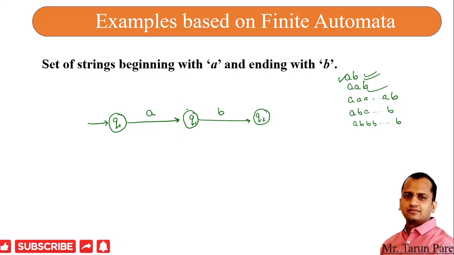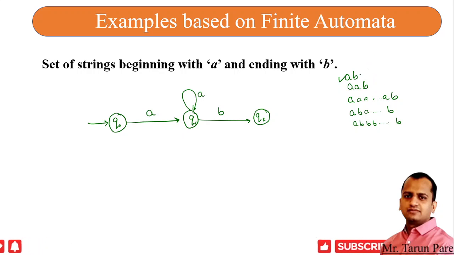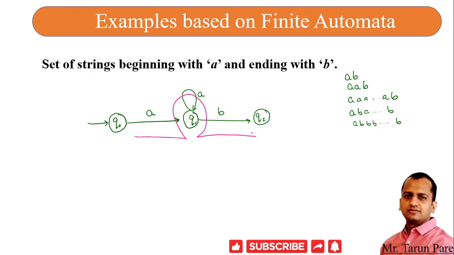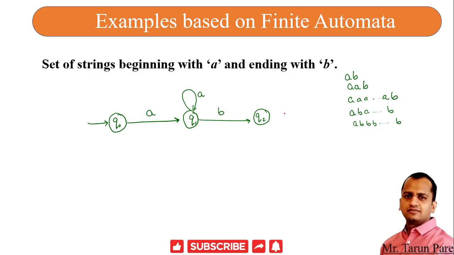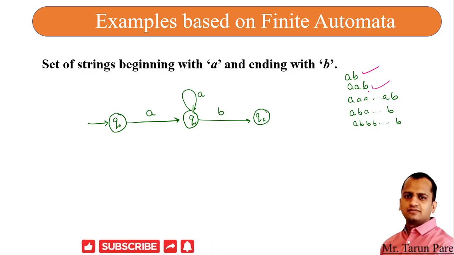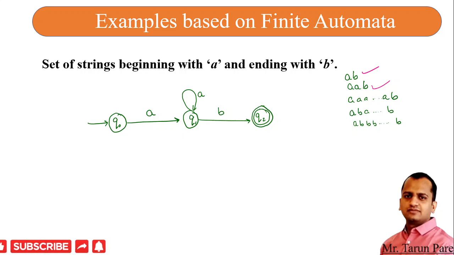For this we have made a loop and passed the string, so that whenever a string like aab is given as an input, it is accepted by this automata. Since the first string is accepted and the second string is also accepted, we have made this state a final state because it accepts these strings.